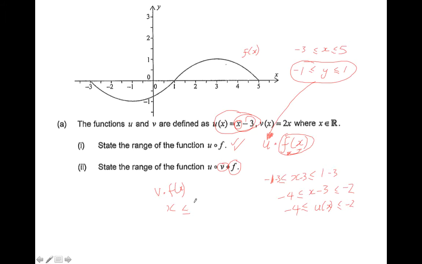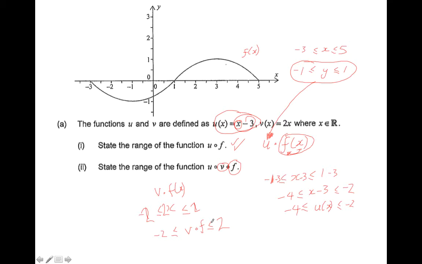So x again is between 1 and -1. But when we feed in the values, the function v takes the inputs and times them by 2. So we times this by 2, and this by 2. So we can clearly see that -2 is less than or equal to v of f, which is less than or equal to 2.